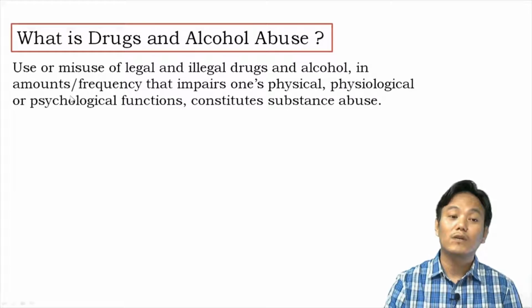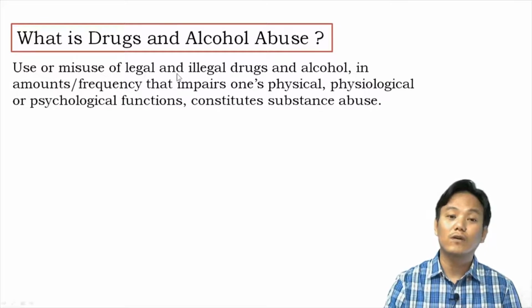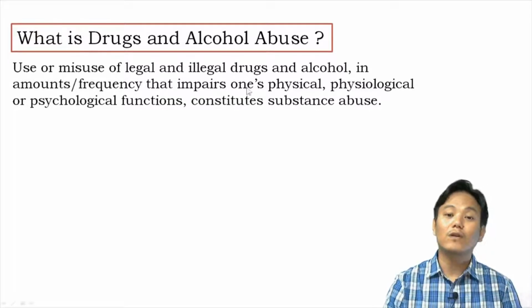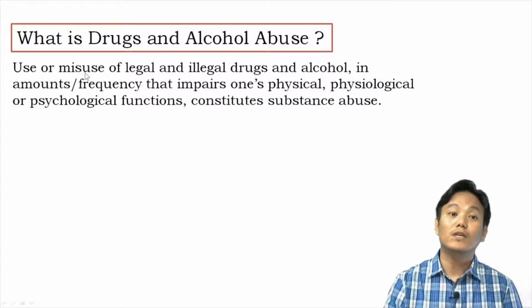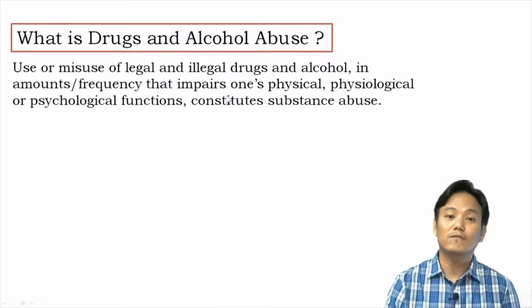But what abusers do is misuse those legal drugs for purposes other than what they were intended or prescribed for, and that is called substance abuse. In doing so, the person harms himself both physically as well as mentally. So that is substance abuse.